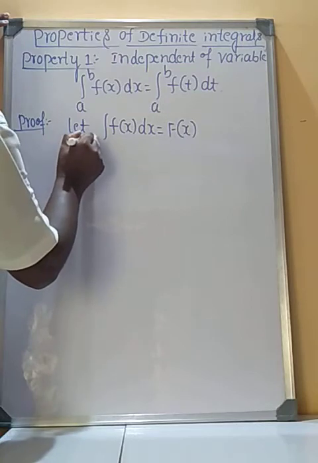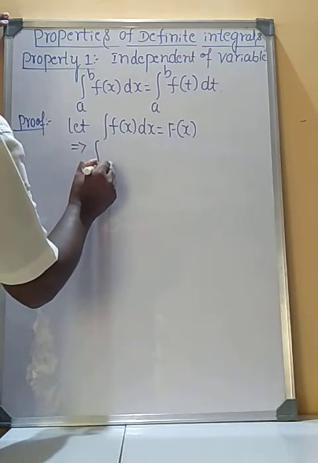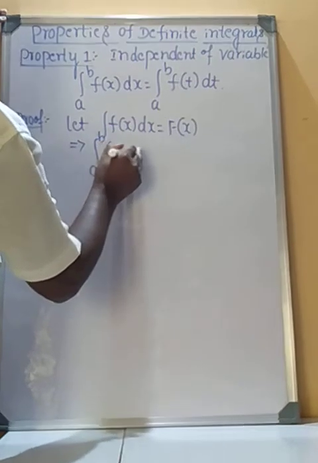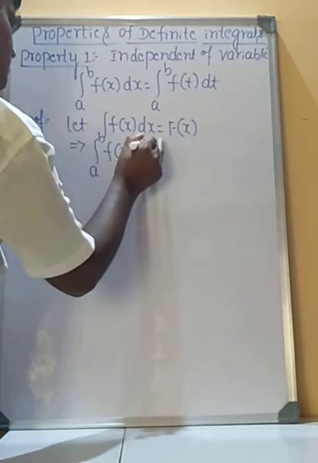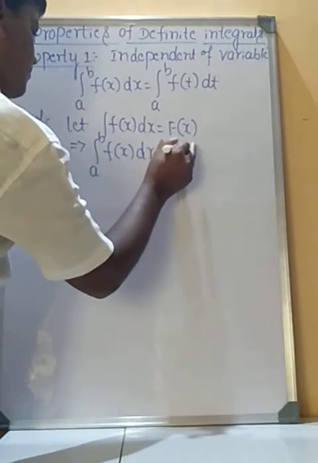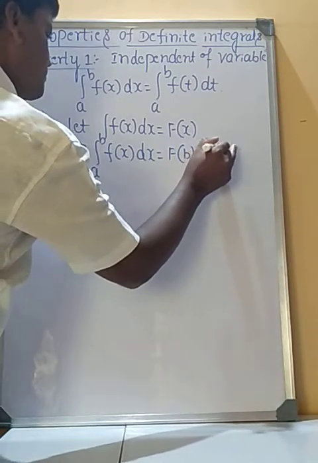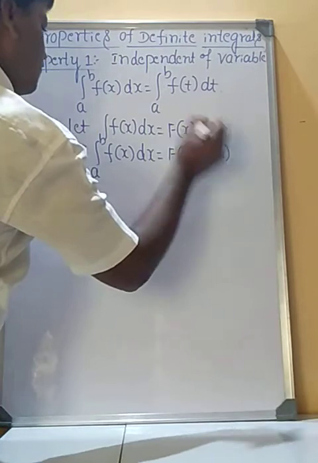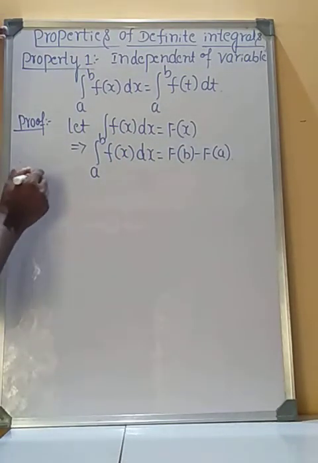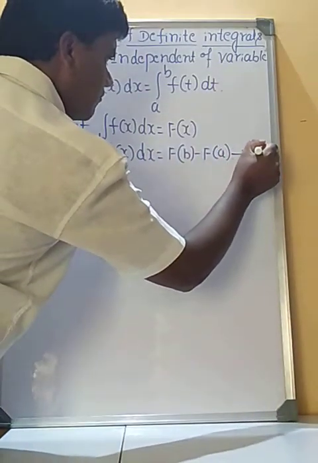This implies, taking limits, integral a to b f of x dx equals F of b minus F of a. So now call it equation number 1.